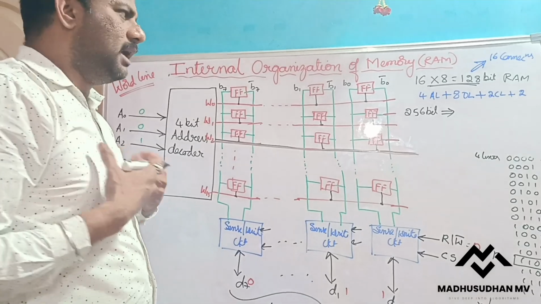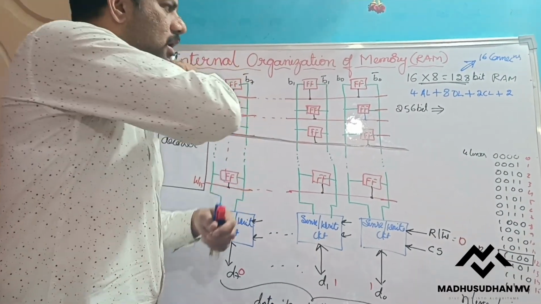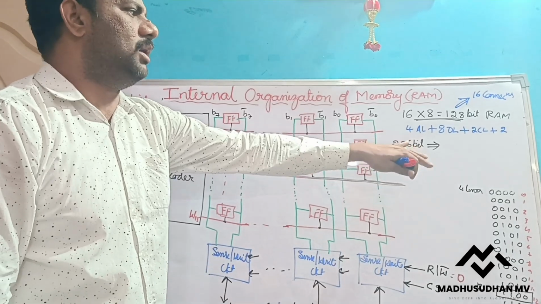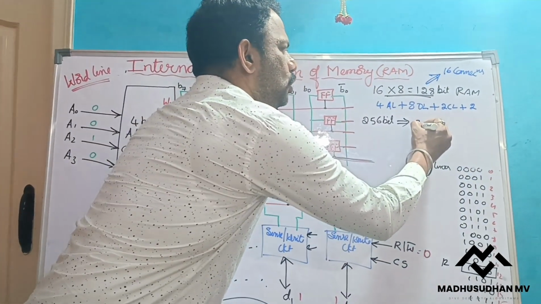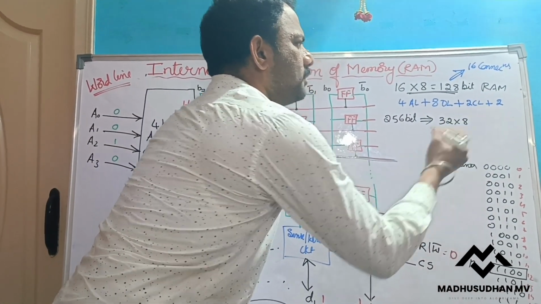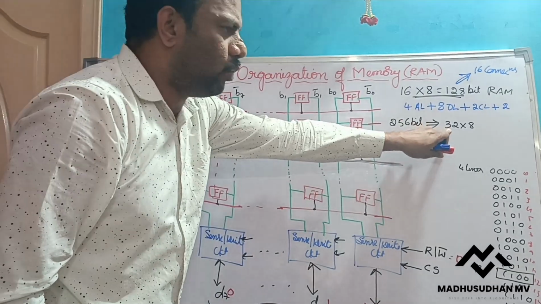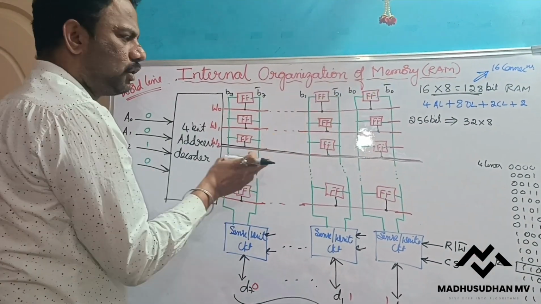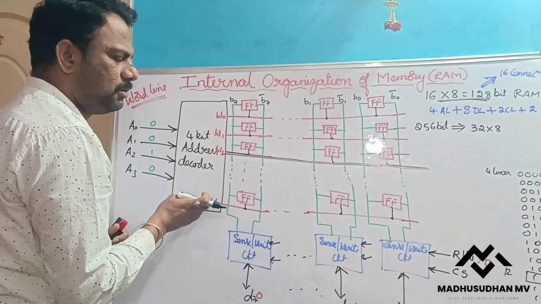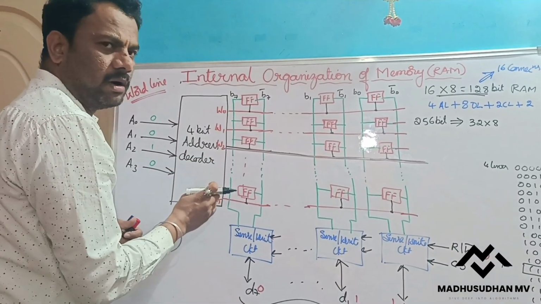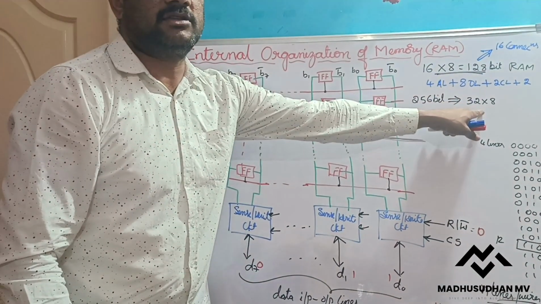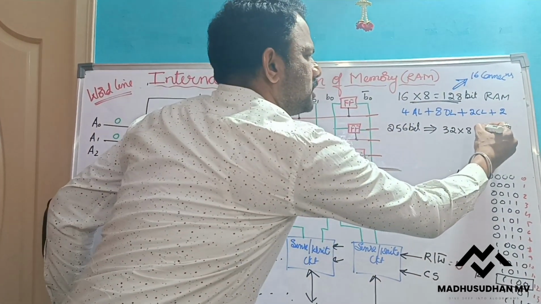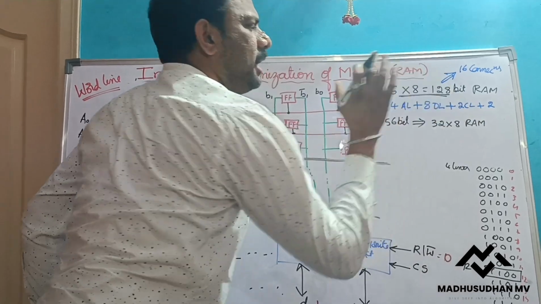Again I will decide that only 8 bits in one word line is enough. So 256 means 32 word lines into 8: W0, W1, W2, like that up to W31, 32 words, and in each word 8 bits. So 32 into 8 is equal to 256-bit RAM. This is the organization of a 32 cross 8 RAM.